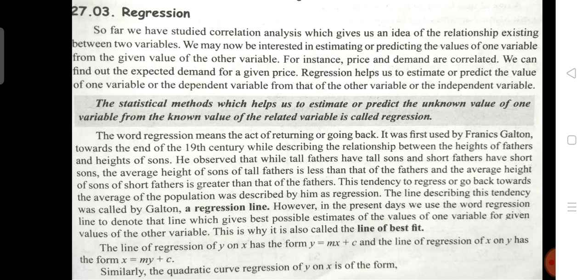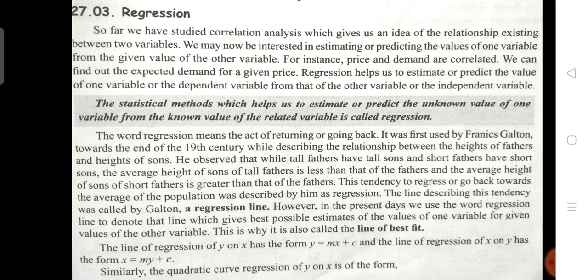The word regression means the act of returning or going back. It was first used by Francis Galton in the 19th century to describe the relationship between the heights of fathers and the heights of sons. He observed that tall fathers have tall sons and short fathers have short sons.